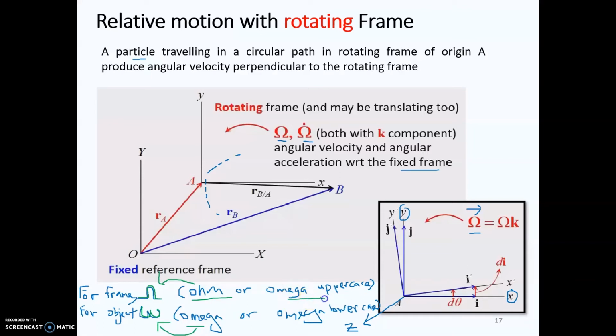It can also be called omega uppercase for this symbol and omega lowercase for this symbol. So you have ohm in the k direction, therefore you have the angular velocity here in the k direction. By using the right hand rule, you must know that this angular velocity is rotating counterclockwise. And therefore you have di, which is the change of the i direction here, and you have dj, which is the change of the j direction here.